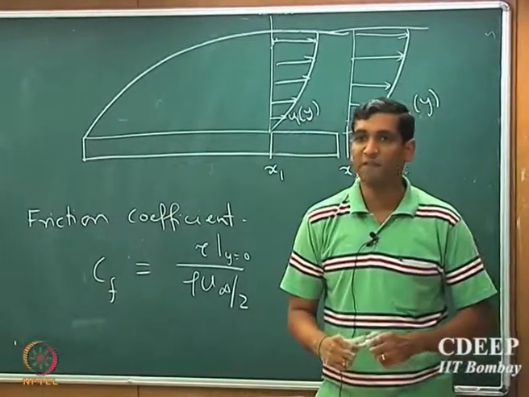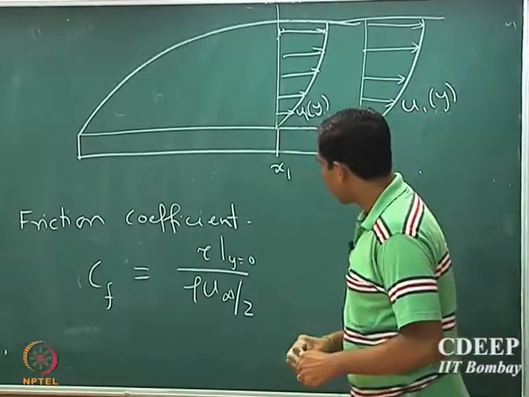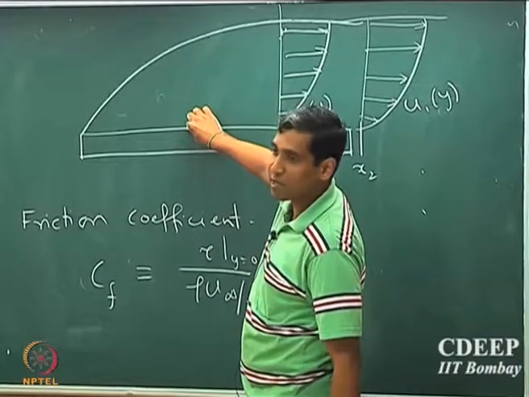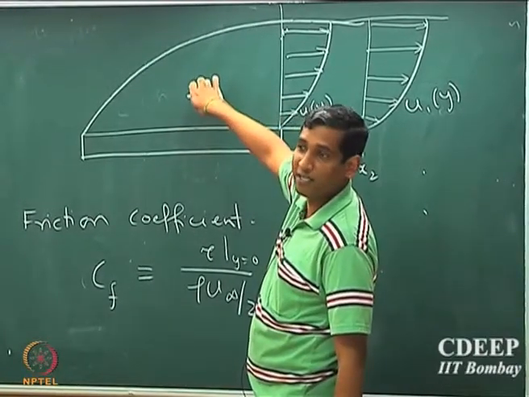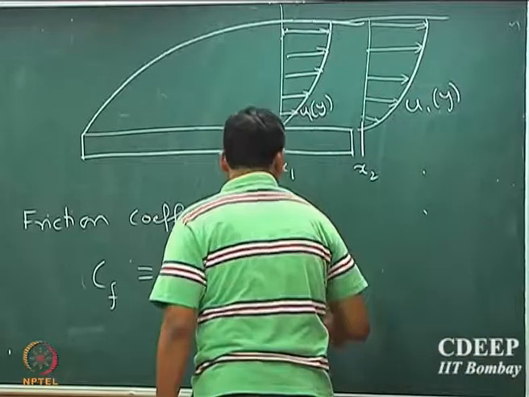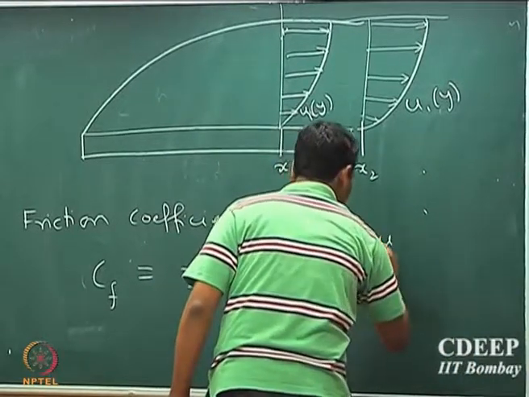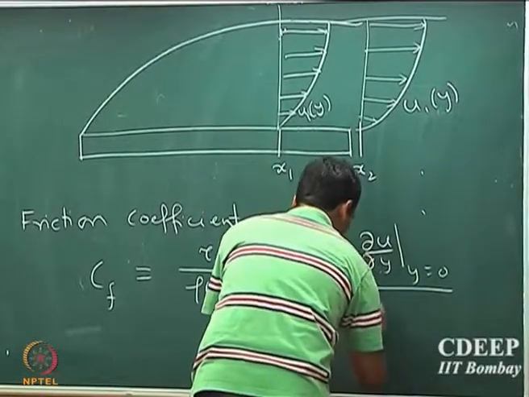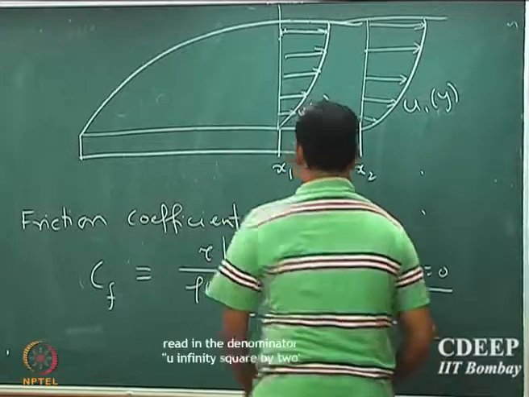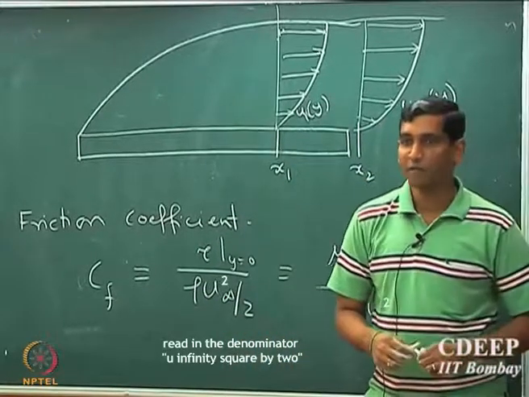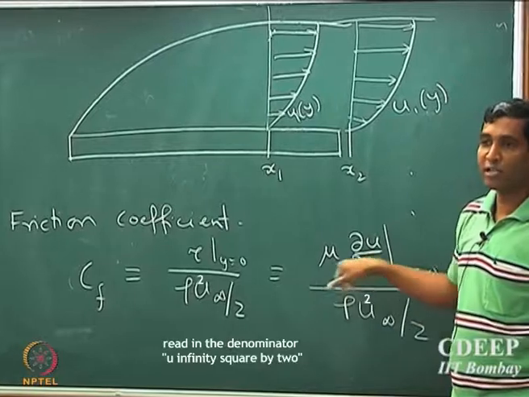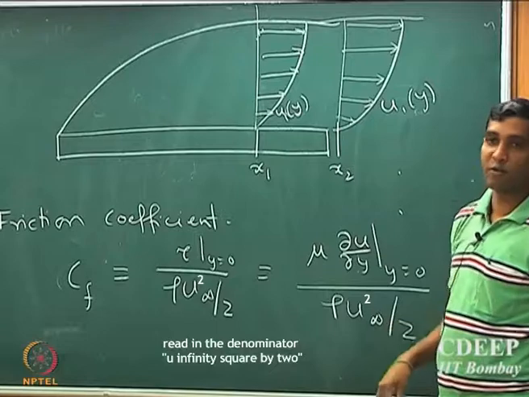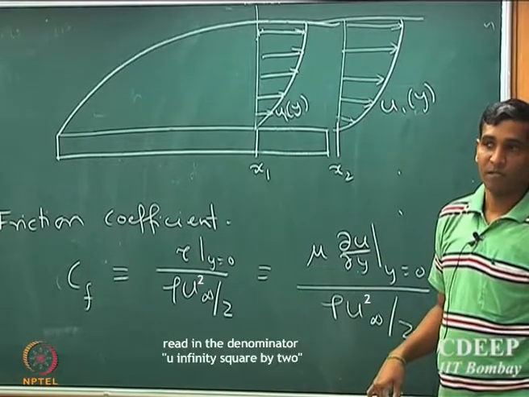That characterizes the shear stress present at the interface between the flat plate and the fluid. So that will be mu into du by dy at y equal to 0, divided by rho u infinity squared by 2. Shear stress is given by viscosity multiplied by the x-component velocity gradient at y equal to 0.